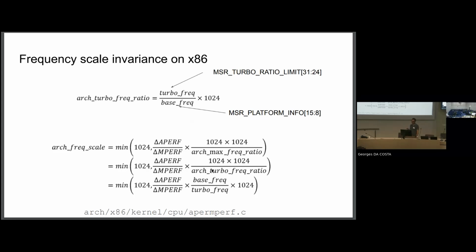Just for general information, we use these registers, which are essentially counters that change in time, but the difference between these two is that M-perf increases at a constant rate, whereas A-perf increases faster or slower depending on the performance state of the CPU.